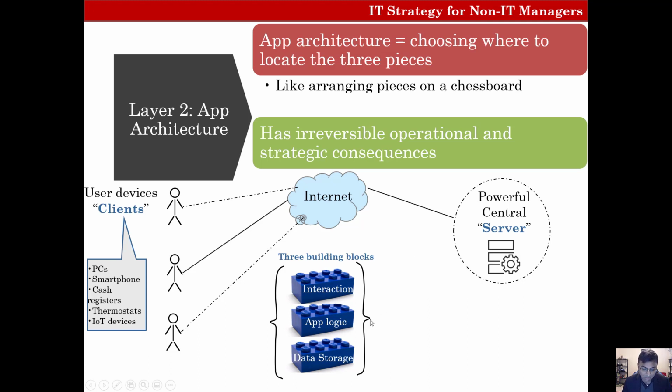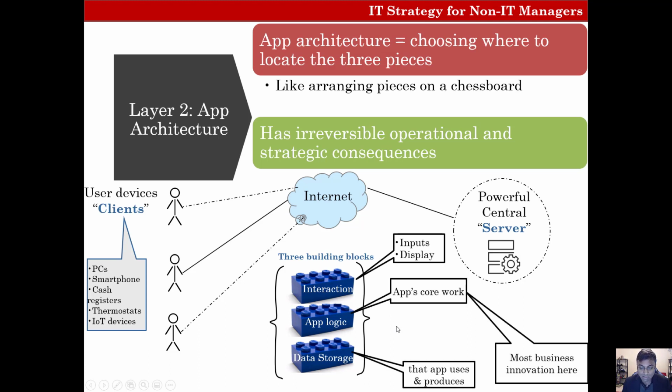The three building blocks are interaction functionality, which handles the app's interaction with users, such as receiving inputs, displaying outputs; application logic, which performs the core work and makes the application useful to its users; and finally data storage for data and application use. And application logic is where a lot of business innovation can be achieved.